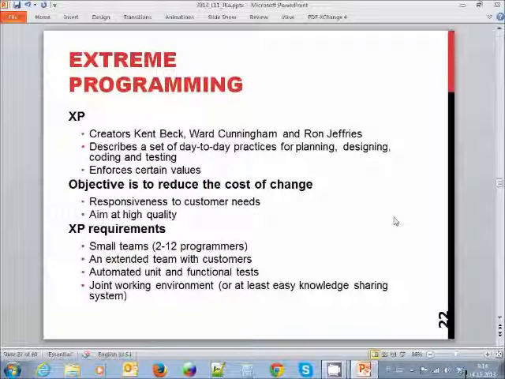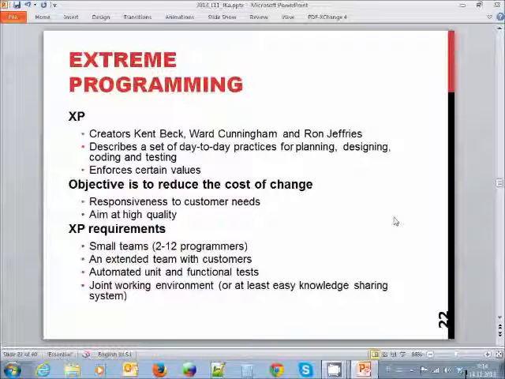The idea is that we have a small team, 2 to 12 programmers, meaning that we don't need a separate layer of administration. We have so few people that we don't need follow-up meetings because we already know what everyone is doing and where everything is going.